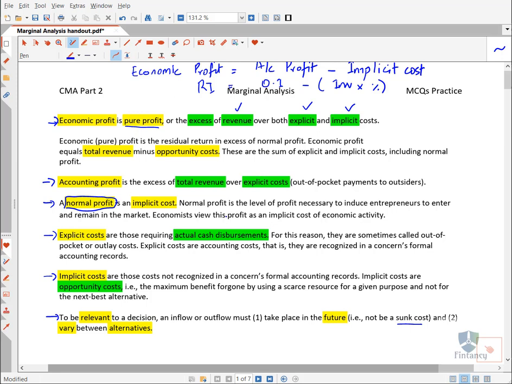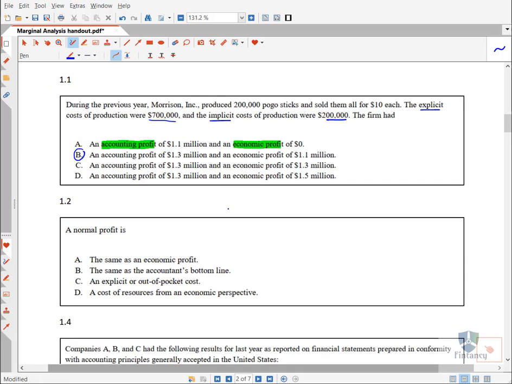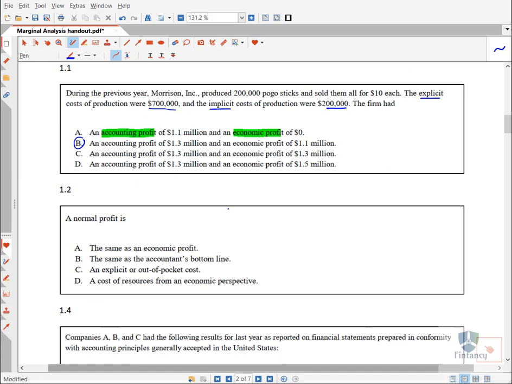It means that is the amount of return which the owners need to keep investing in the business. I hope you can relate it with the residual income concept. Let us go back to the question. Normal profit is implicit cost, so can you see in these four options where is implicit cost?